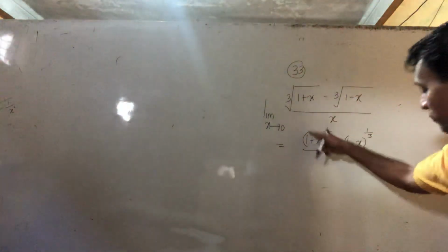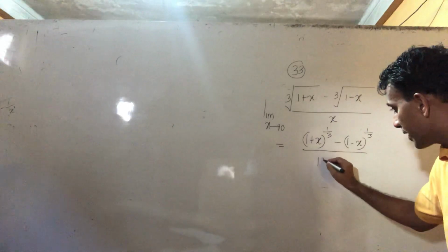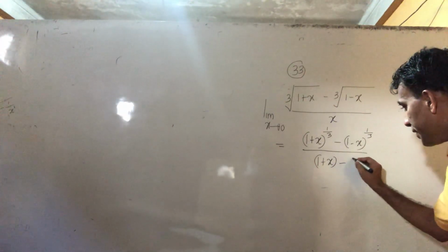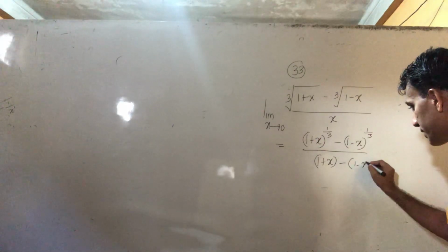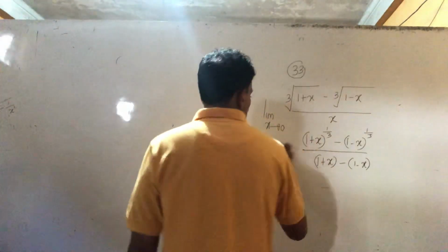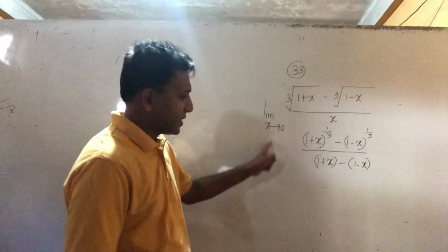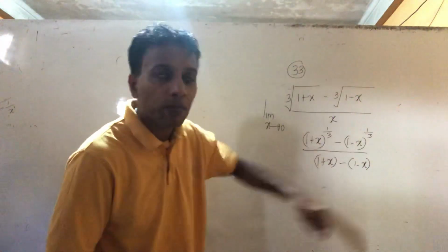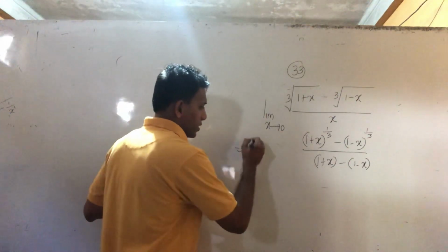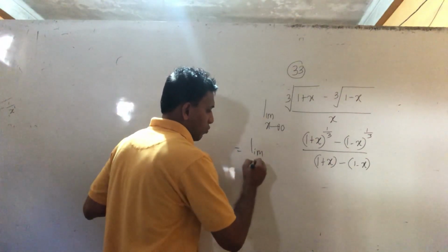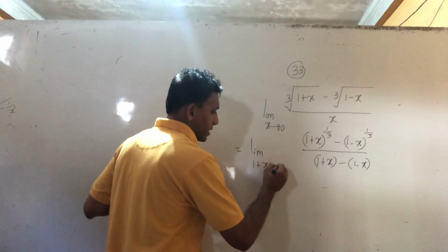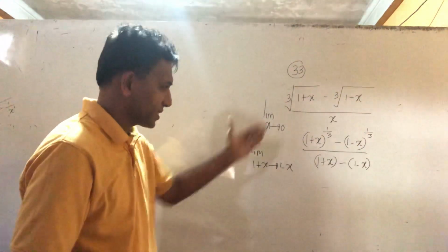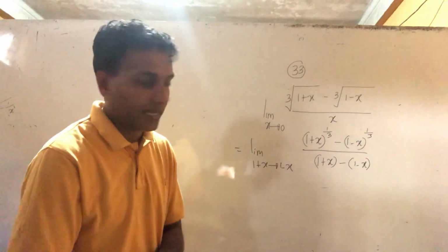Therefore here, without the power, we check 1 plus x minus 1 minus x. In this case actually x is 0. So otherwise we can say 1 plus x tends to 1 minus x. Okay, that's also true, right? Otherwise x tends to 0. Both have the same meaning.